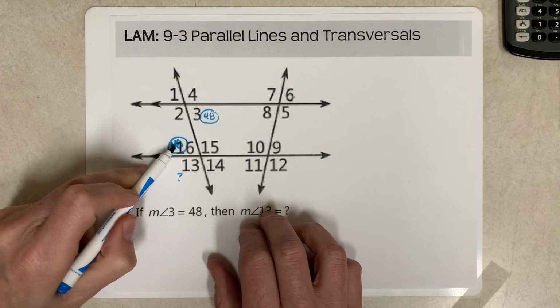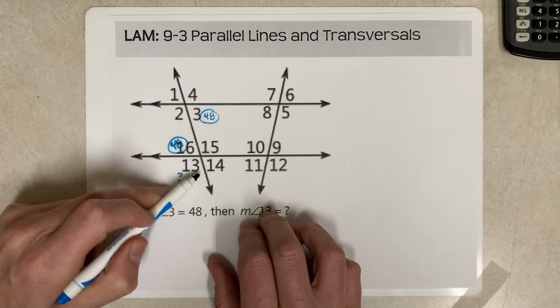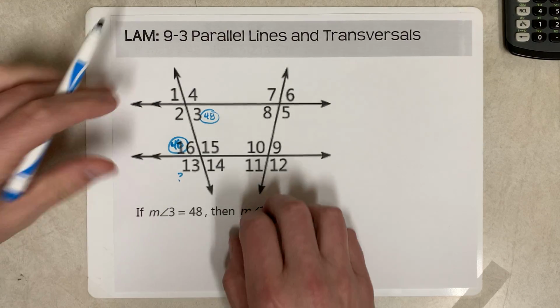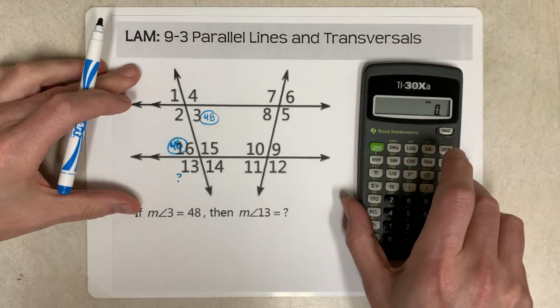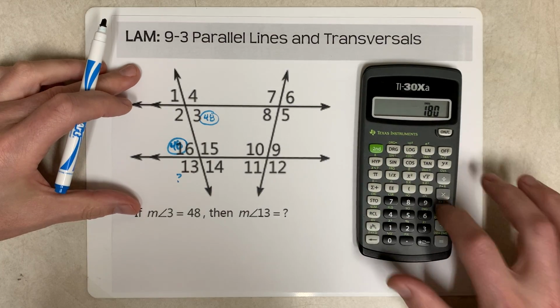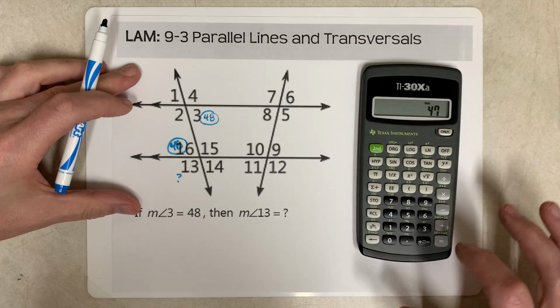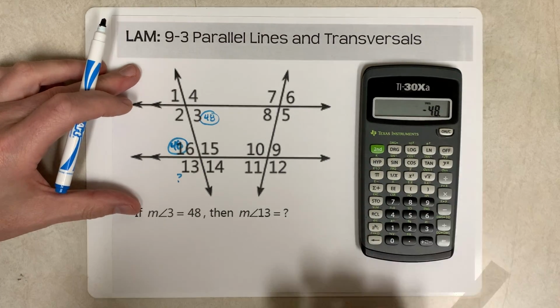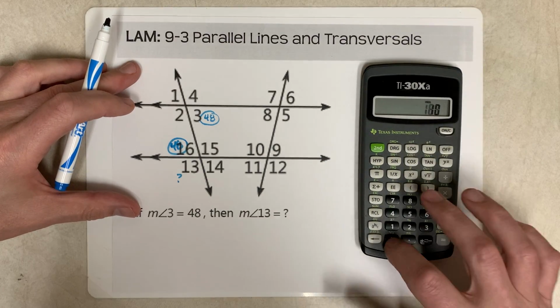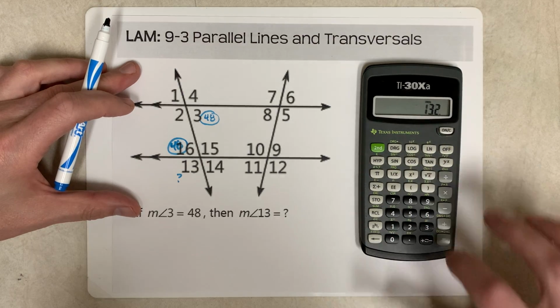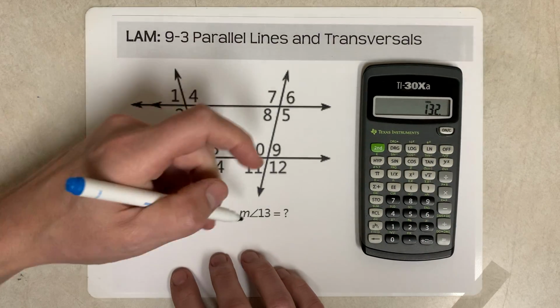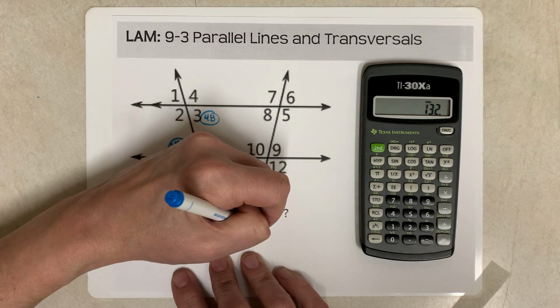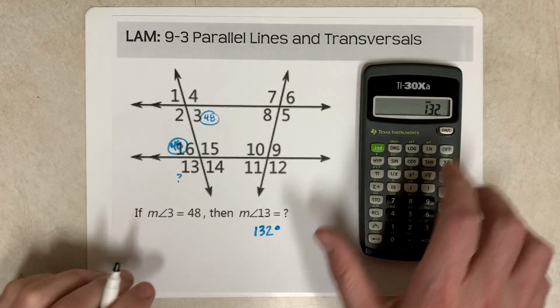Now, 13 and 16 form a linear pair, so they're supplementary. All I need to do is take 180 minus 48, which equals 132. So 13 should be 132 degrees.